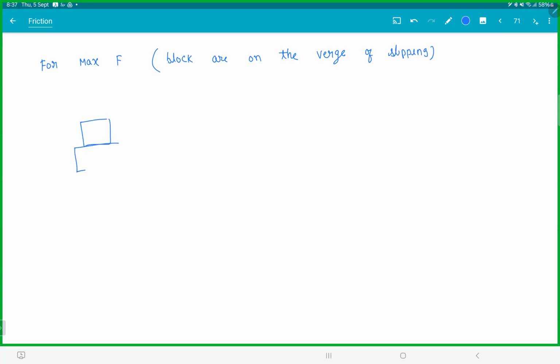That means you can treat them as one block because they're still going together, but the frictions are maximum. This is the acceleration. So F is equal to 5a. Take any one block. I'll take the 3 kg block. You can take any one, it'll be the same thing. I know the friction is maximum, which is 4, and this is your acceleration. So a is equal to 4 by 3.